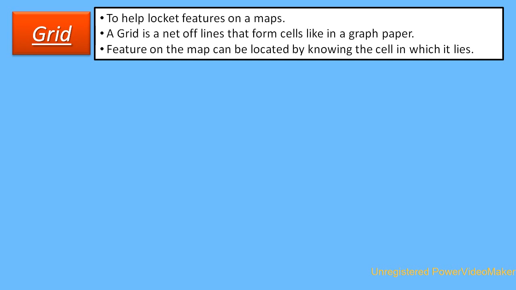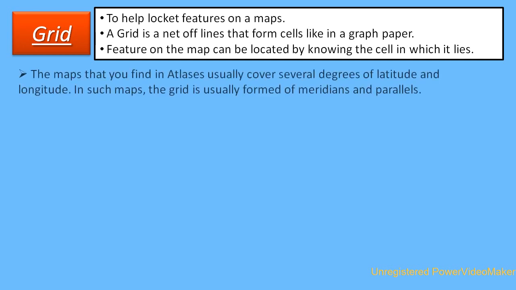Like in a graph paper, it has horizontal and vertical lines. These lines are intersecting and forming small square boxes. Those boxes are called cells. Features on the map can be located by knowing the cell in which they lie.